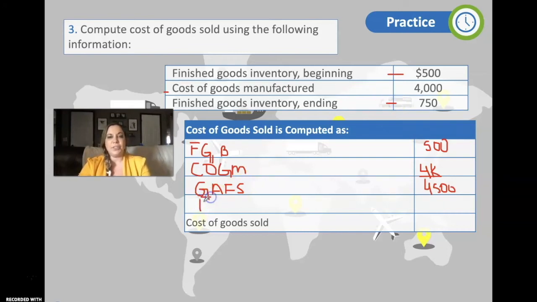So we'll take the finished goods balance, comma, E for ending, the end of the year balance. It's 750, so we're going to subtract this number. Take out your calculators and do the math. We have 4,500 minus 750. What did you get? It should be 3,750.